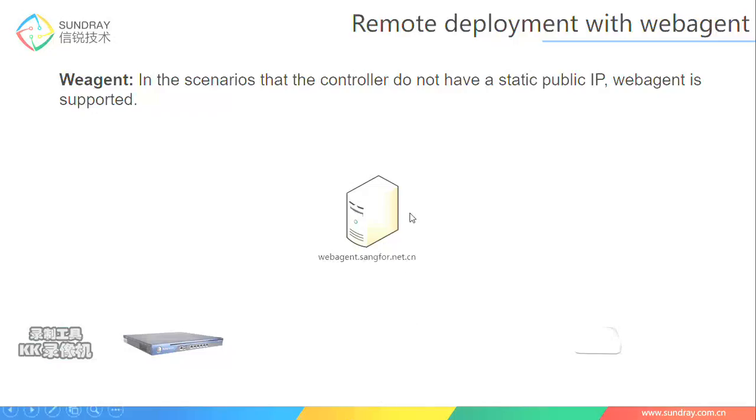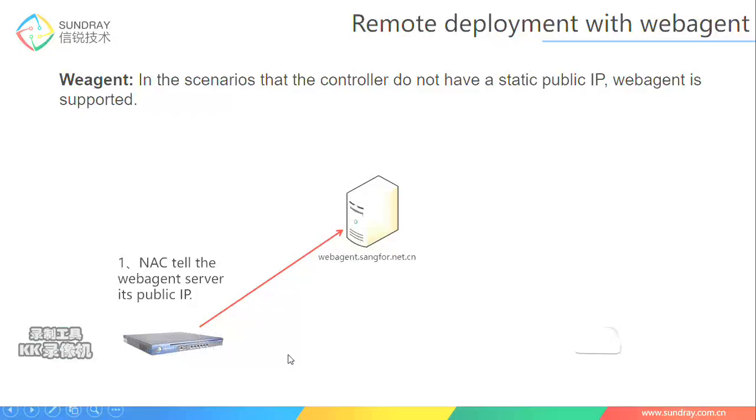This is a Sudnray web agent server here. For example, the controller has a dynamic IP. We will configure the web agent URL in the controller, and the controller will report its current public IP to the web agent service server.